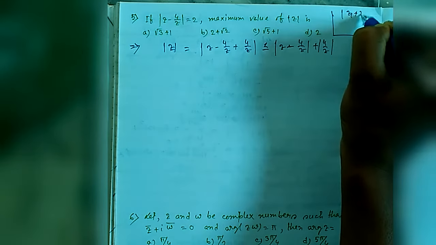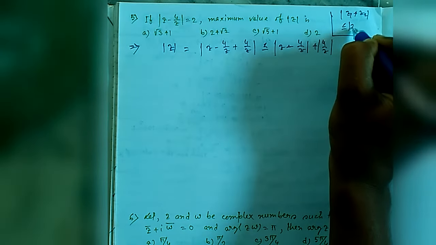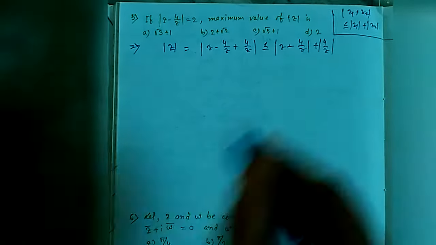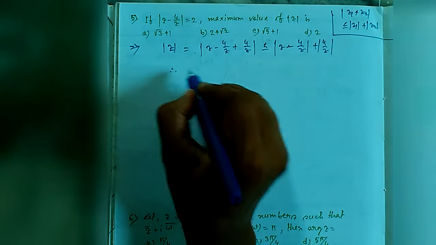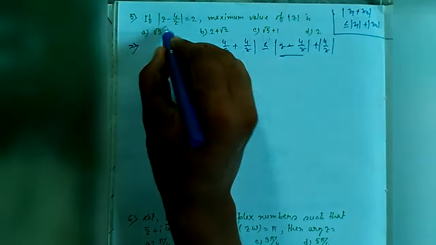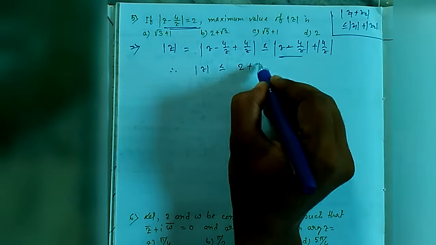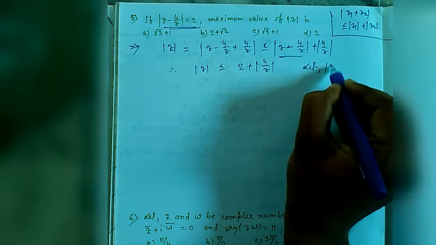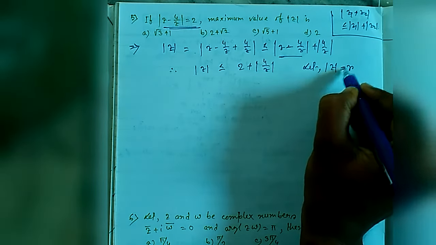As we have a result, modulus of z1 plus z2 is always less than or equal to modulus of z1 plus modulus of z2. So mod z is less than or equal to 2 plus modulus of 4 by z. Let modulus of z equal to r.